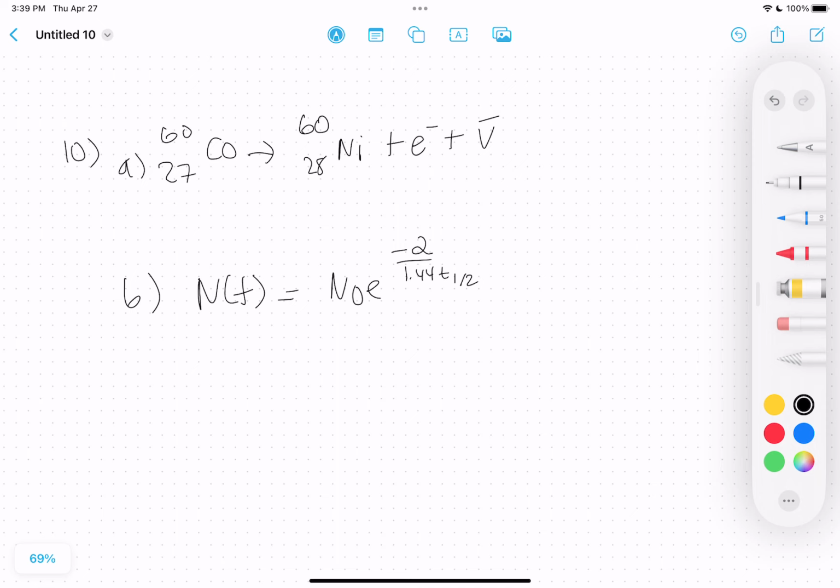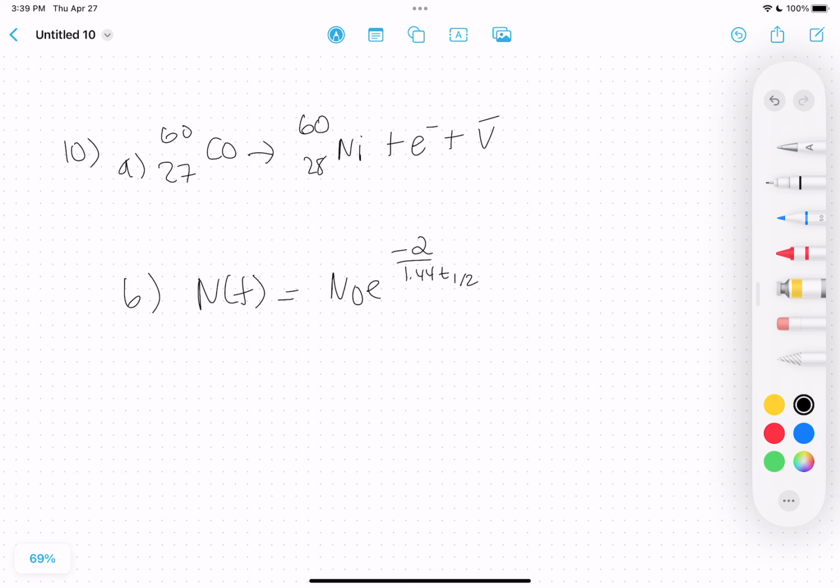So the amount that has not decayed, as a fraction, would just be the amount that's left over divided by the original amount.